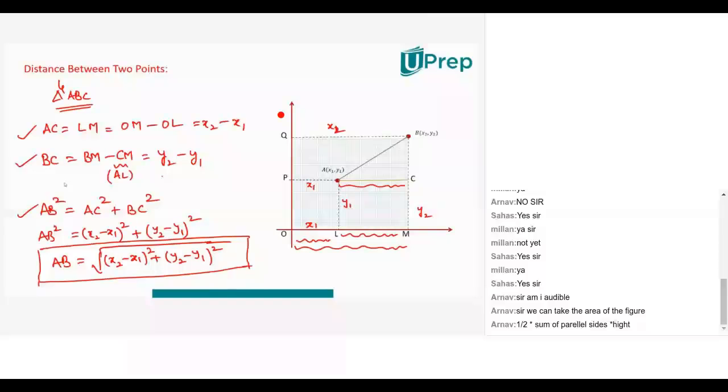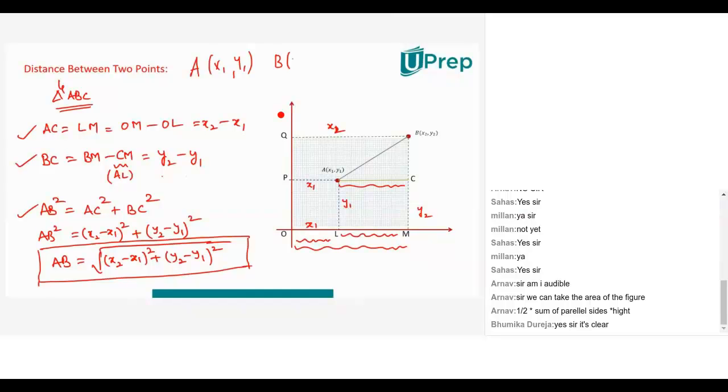Yeah, please copy the derivation. Begin the derivation like this. Let A (x1, y1) and B (x2, y2) be two points.